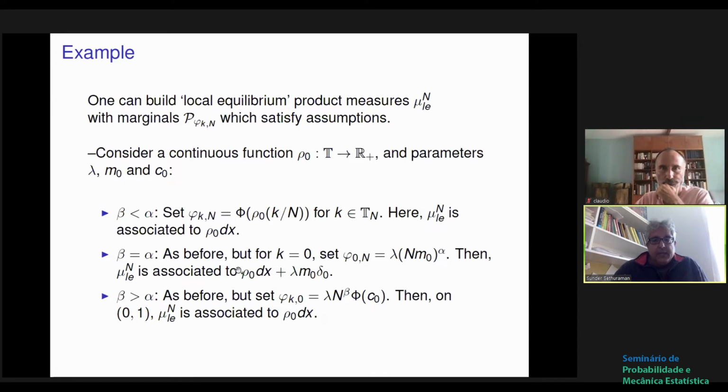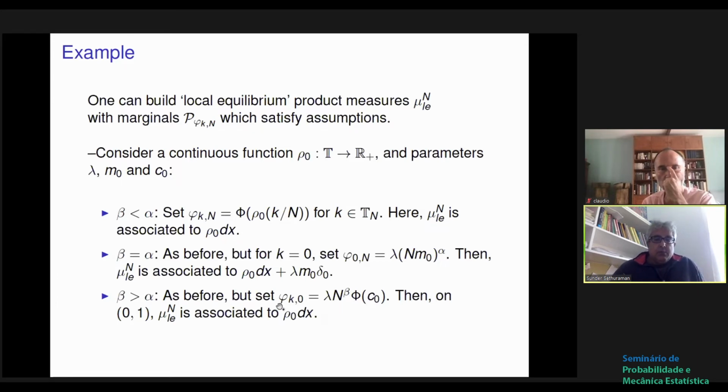Then if you go through the static hydrodynamic limit, we'll pick up this measure on the torus. And if beta is bigger than alpha, again, let's work on the open interval 0 to 1, and set the fugacity at the slow site to be n to the beta times the spectrum.